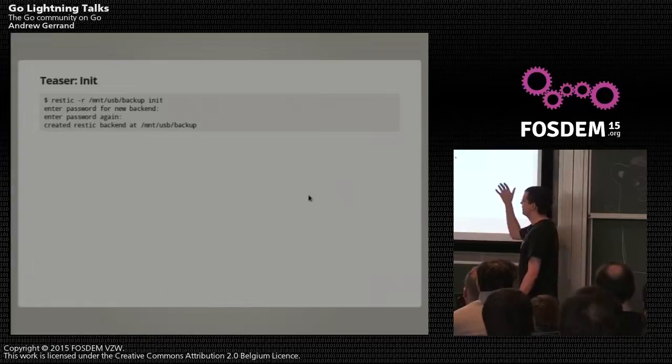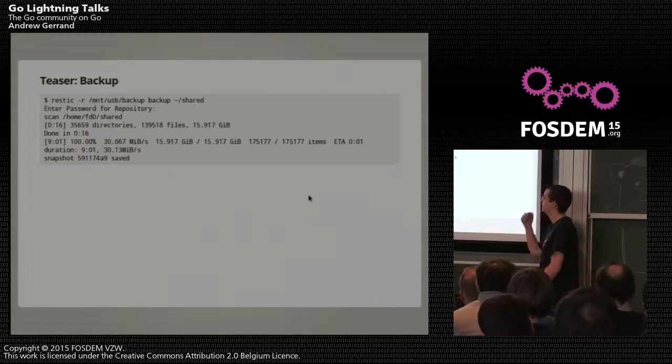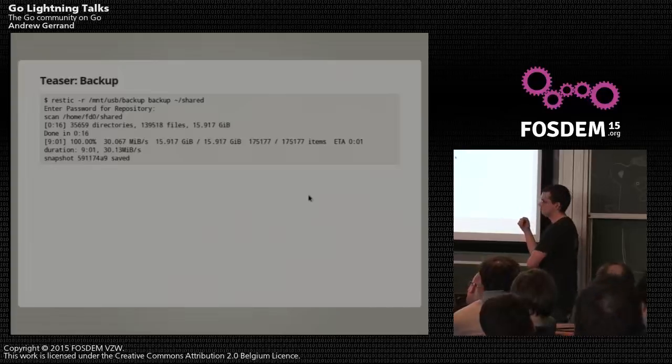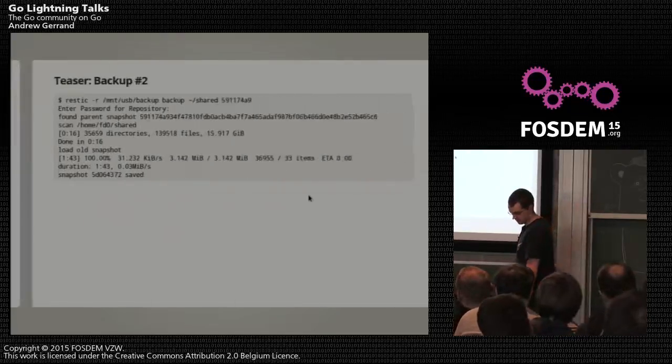You just say restic -r and then where the files should be put, and say init, and it asks you for the password. The initial backup is this one. It scans for 16 seconds, and it takes 9 minutes and 1 second to write everything to the repository location, and it does deduplication and signing and encryption, everything in there.